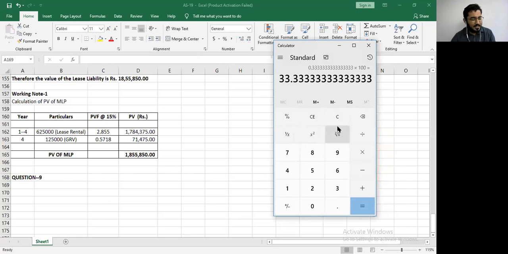However, the asset is of a specialized nature such that only the lessee can use it, so it is definitely a finance lease. Any one of the conditions should be satisfied. Since one of the conditions is satisfied, we will call this a finance lease. Interesting question.